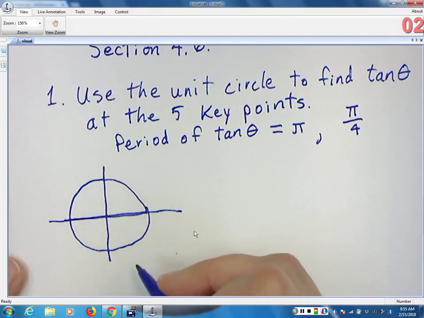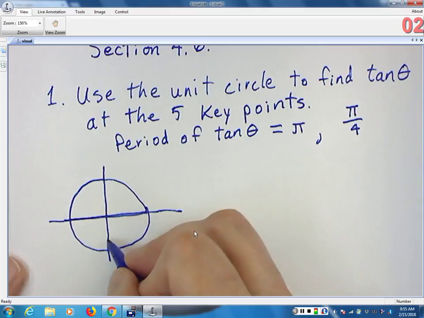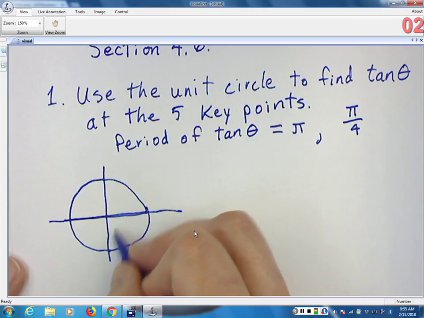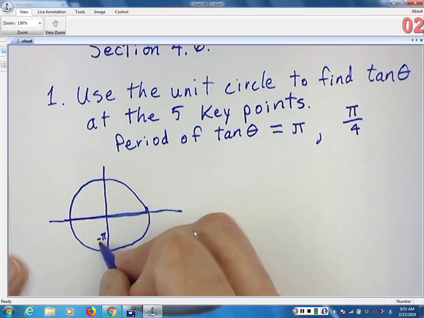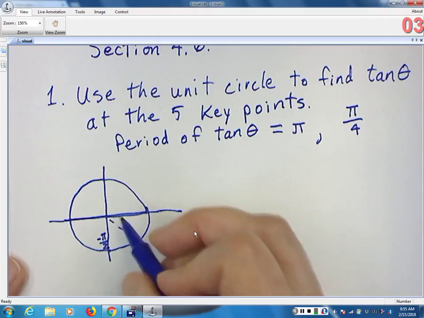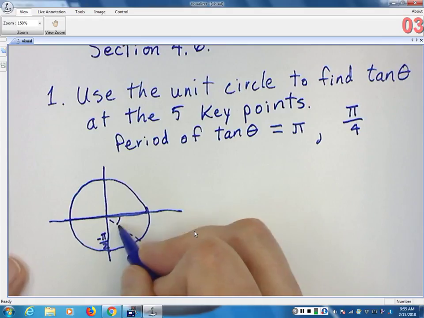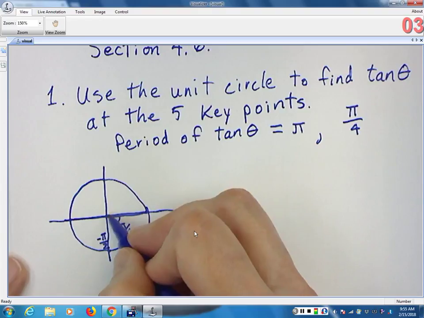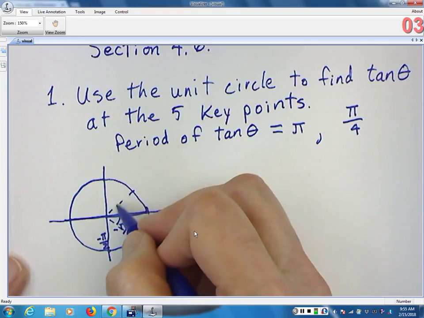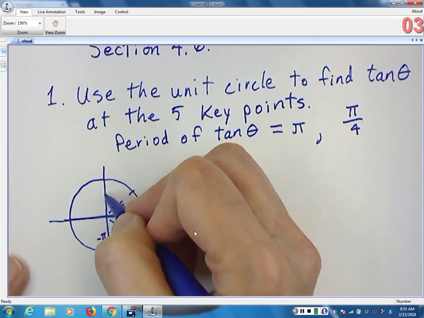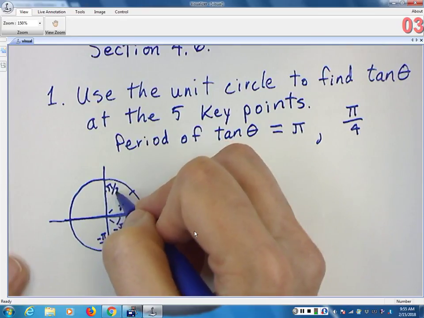We're going to start here, and this is going to be minus pi over 2, and then this is minus pi over 4, and this is 0, and then this is pi over 4, and then up here is pi over 2.